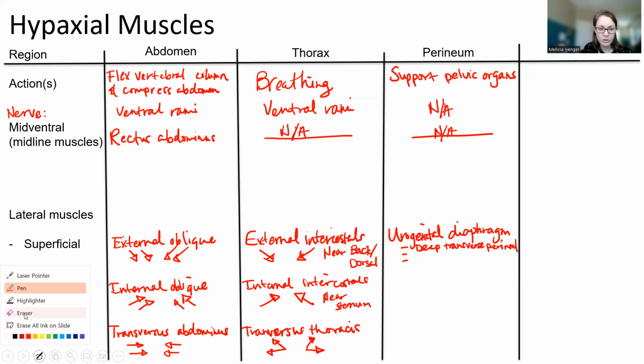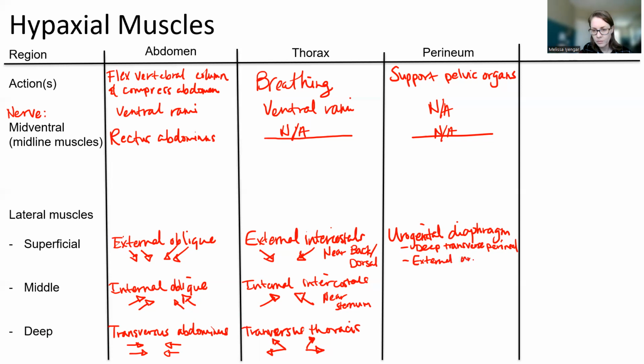And then I'm going to try to write a little bit bigger. External anal sphincter. And external urethral sphincter.